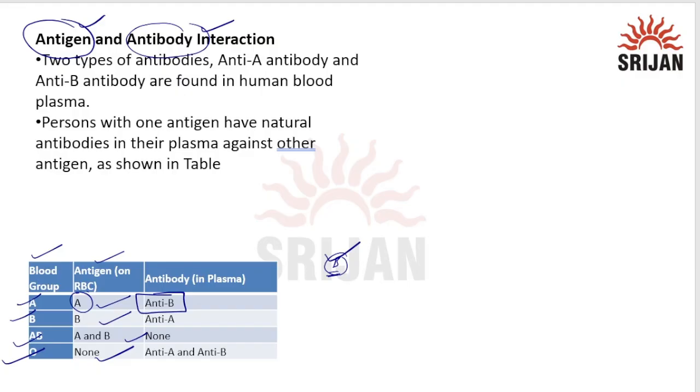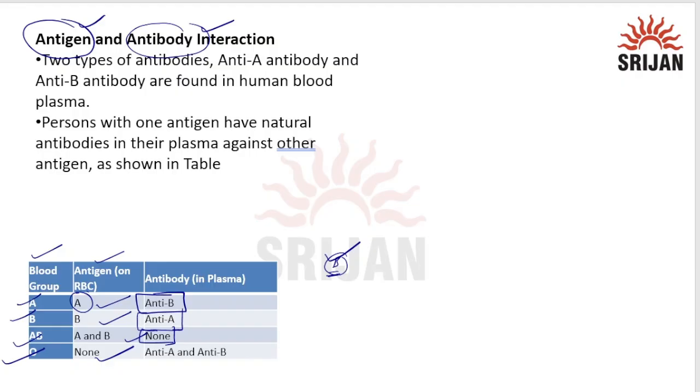Similarly, for blood group B, A antigen is an external disturbance. Therefore, the antibody found is anti-A. In blood group AB, antigen A and B both are present, so there is no foreign body. Therefore, none is written here in the antibody section. Similarly, blood group O resembles 0, it doesn't have any kind of antigen on RBC.